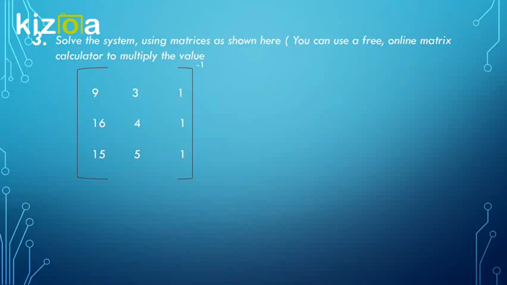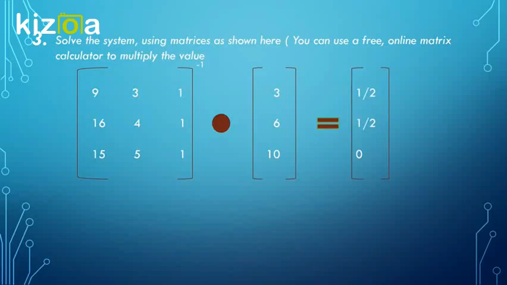This is important because then we multiply it by the result values. And then finally we get our results: 0.5, 0.5, and 0. This means the solution is 0.5x squared plus 0.5x.